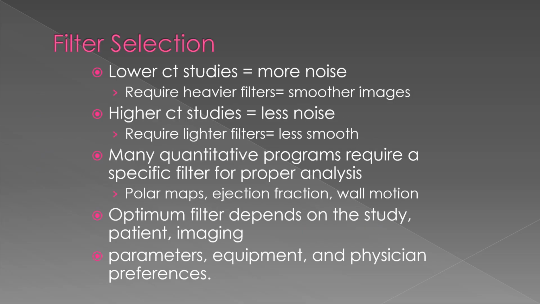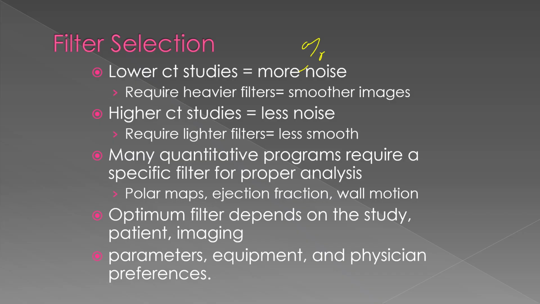So lower count studies will have more noise because noise is a greater percentage of the image. Noise is kind of fixed, but when we say more noise or less noise, it's more of how much noise you can actually see or actually contributes to the image.